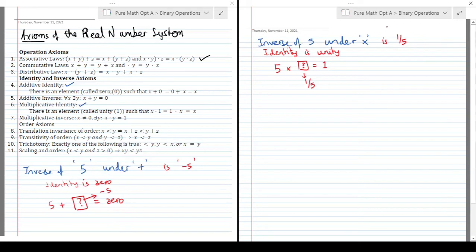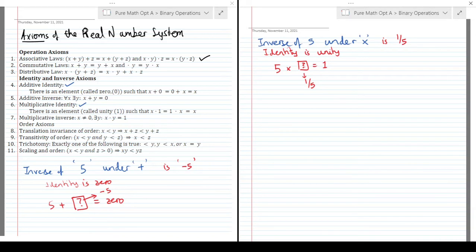So an inverse is a per element value. You don't talk about the inverse element; you talk about the inverse of an element. The inverse of an element depends on the operation, and for each operation there is an identity. So inverse is a per element concept with respect to a specific operation.